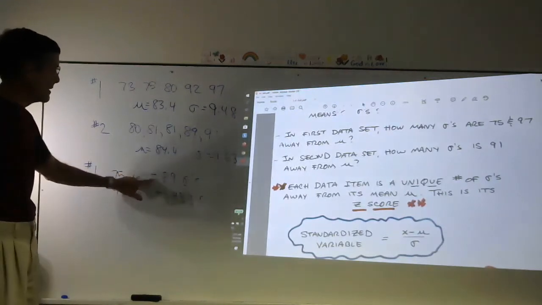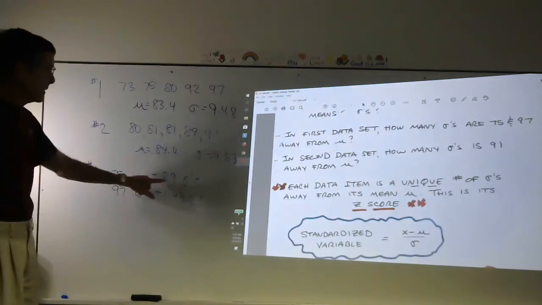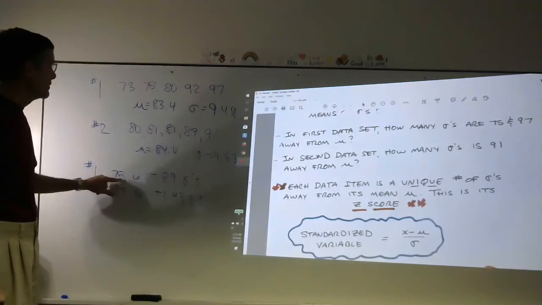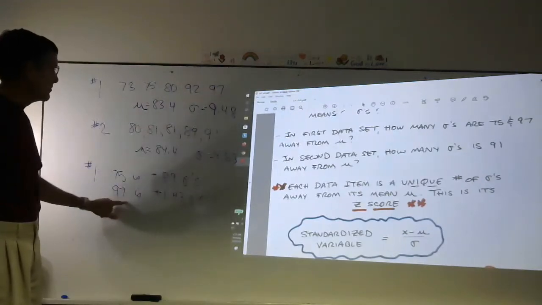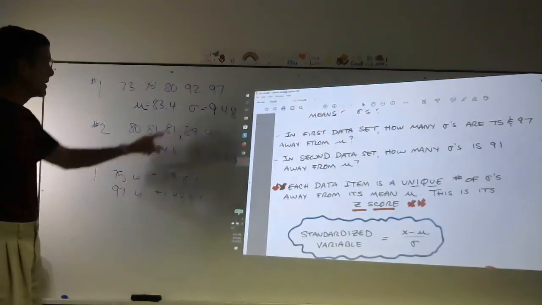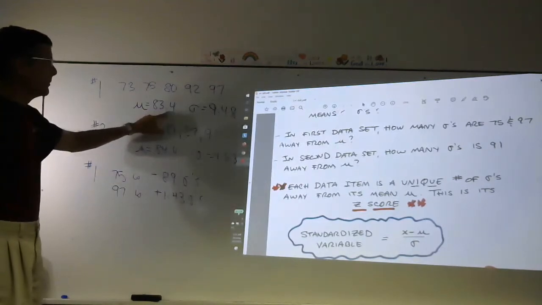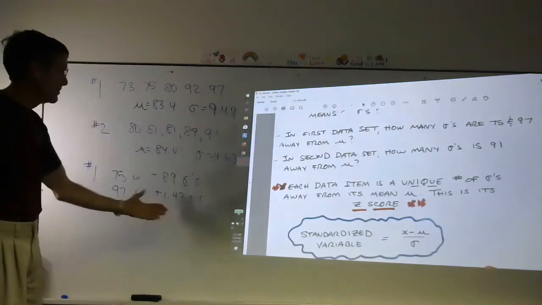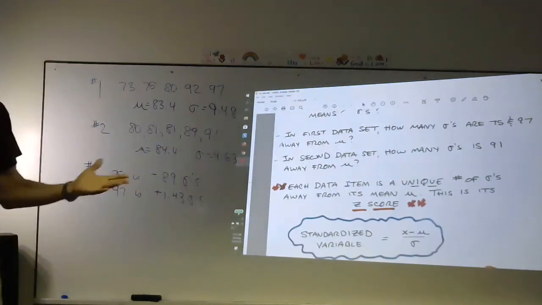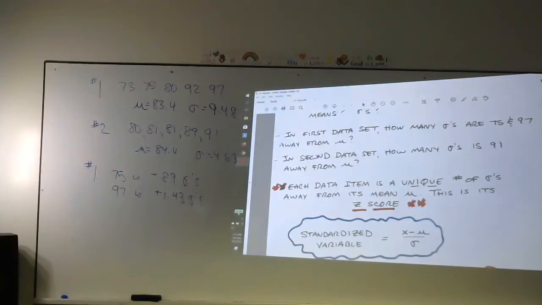Notice the 75 came out negative, and it was not even a whole standard deviation. The negative tells you the 75 is below the mean. The 97 is above the mean. When I took 97 minus 83.4, it came out positive, and divided by the standard deviation, it's a positive of about 1.5 standard deviations above the mean.